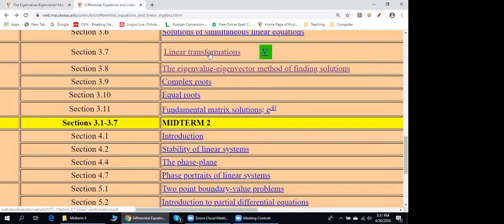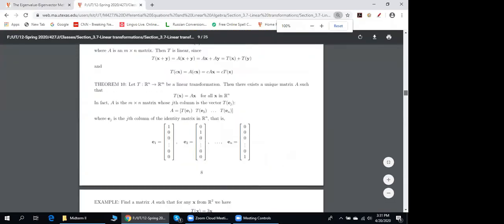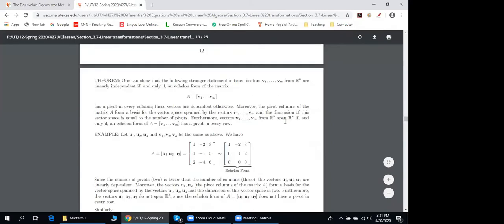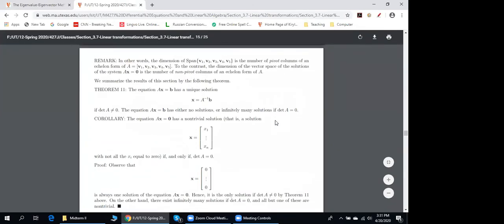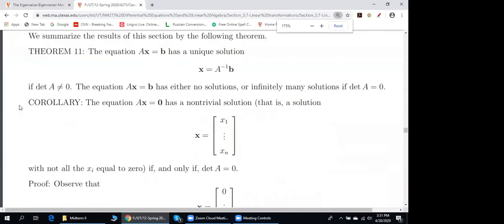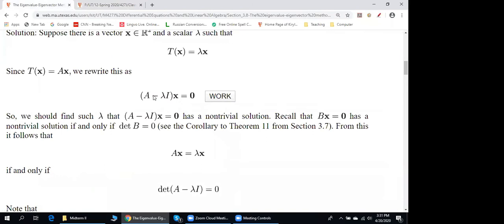And this corollary that we discussed in section 3.7 tells us that a homogeneous system of linear equations has a non-trivial solution if and only if the determinant of the matrix is equal to 0. In our case, our matrix is A minus lambda I. So if lambda is an eigenvalue, lambda satisfies the following equation: determinant of A minus lambda I is equal to 0.